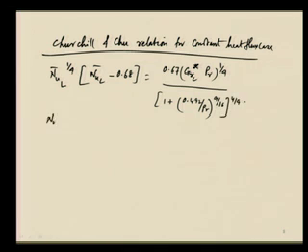Then Nusselt average is defined based on the wall flux, as we have already discussed, Q A by K into delta T bar.